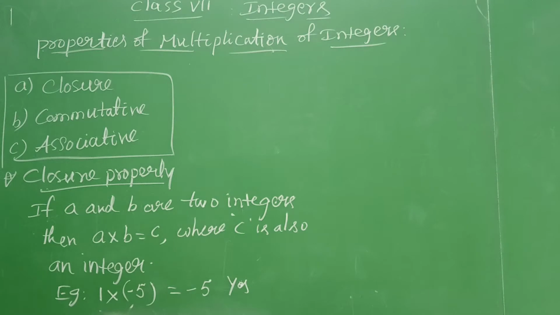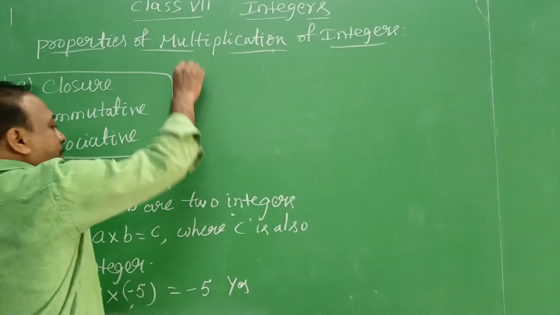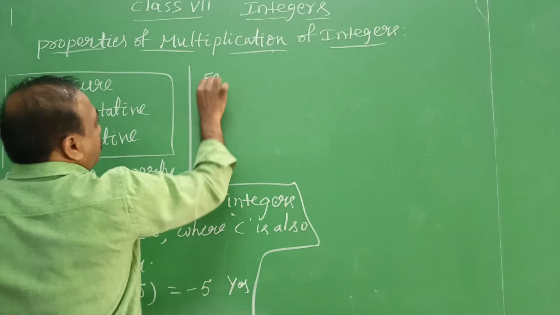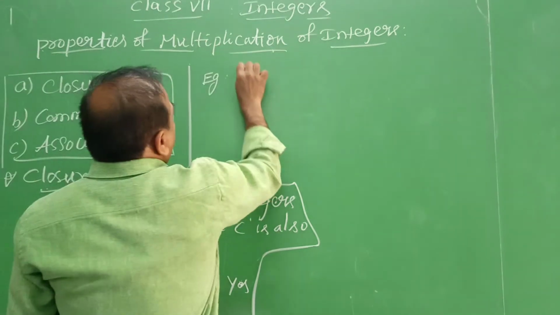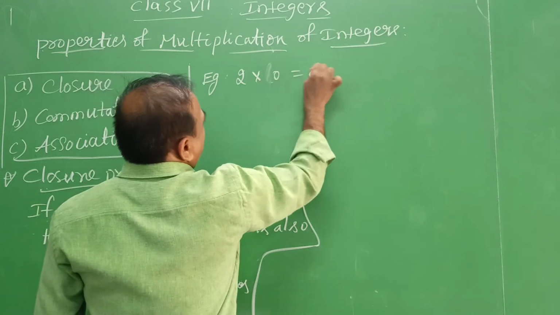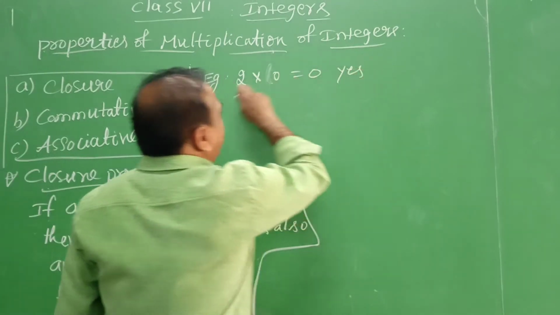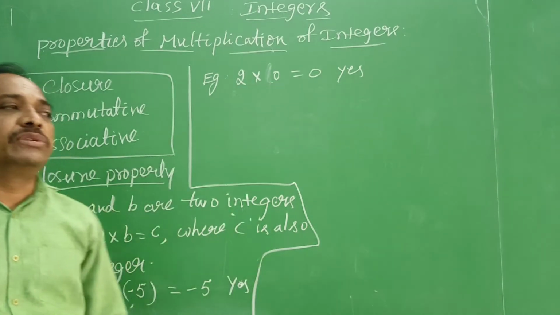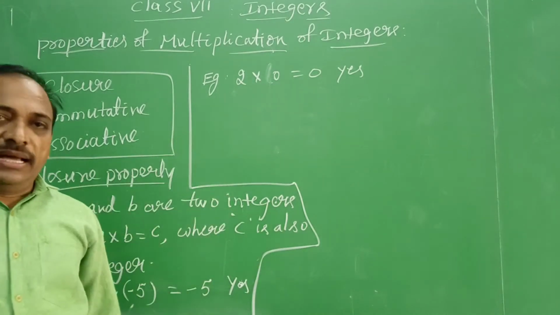The second example you see here. Example 2: 2 into 0. 2 into 0 is equal to 0. Yes, 2 is an integer, 0 is also an integer. So the product of 2 into 0, that result is also an integer.